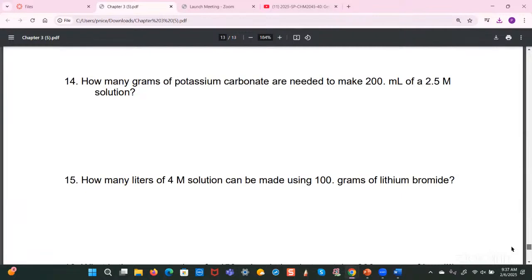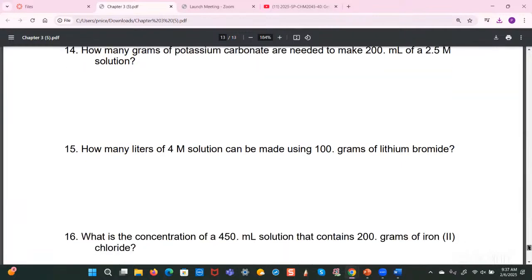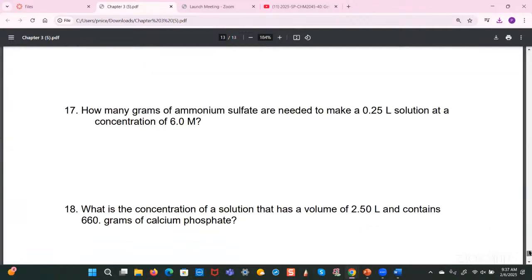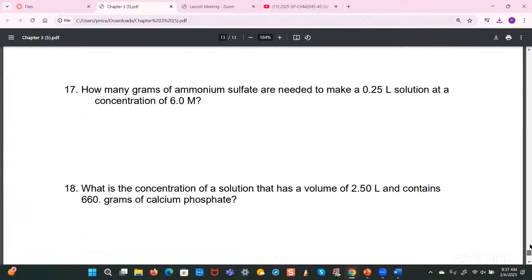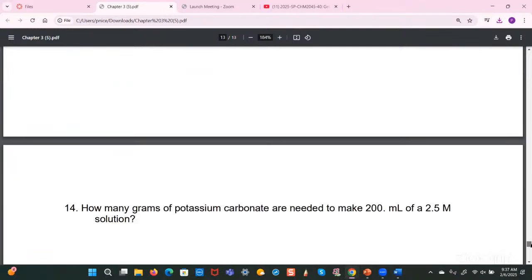So I'm not sure if a question exactly like what we just did is here, but there are some questions that deal with molarity, so let's start by looking at number 14.